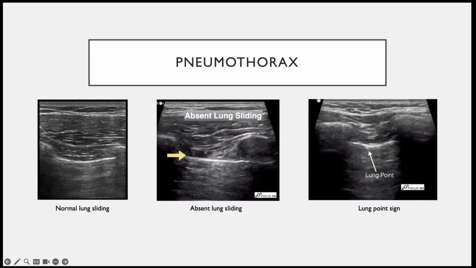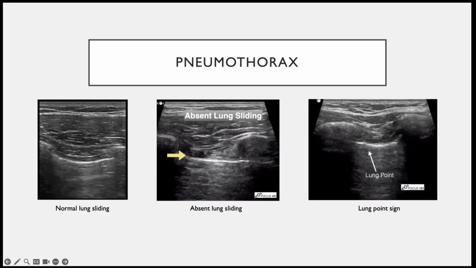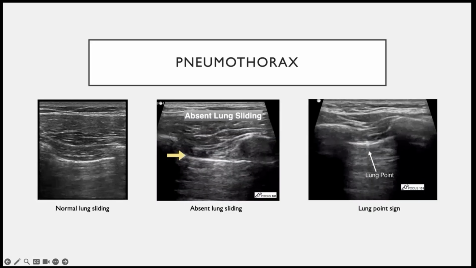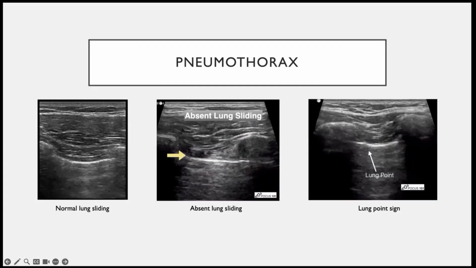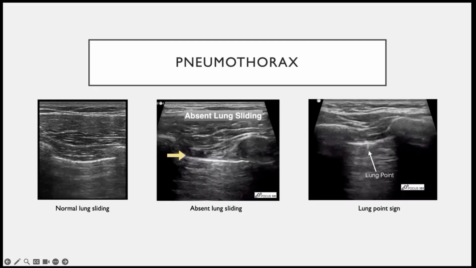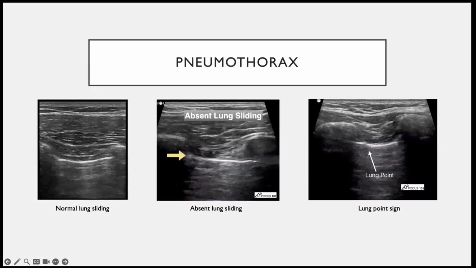When you see this in your patient, you should confirm the presence of a pneumothorax by looking for something called the lung point sign, which you can see on the right-hand side of the screen. This lung point is when you see the transition between the normal lung sliding and the absence of lung sliding.